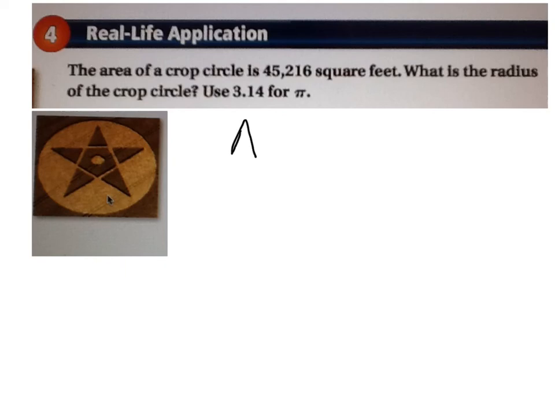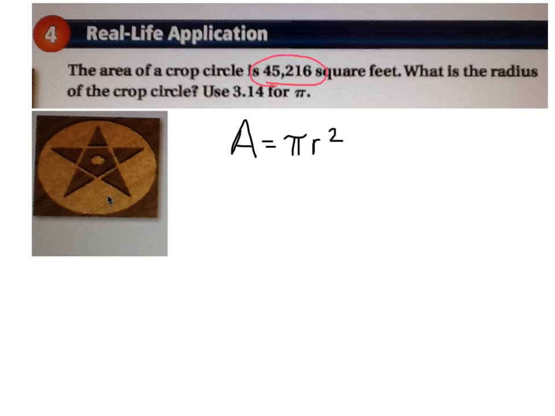Step 1, write down the formula for area of a circle. The next step is to substitute in the values that we know. So since this is an equation, we have three things here. We have an A, which is area, pi, which is 3.14, and R, which stands for the radius. Well, we know the area.